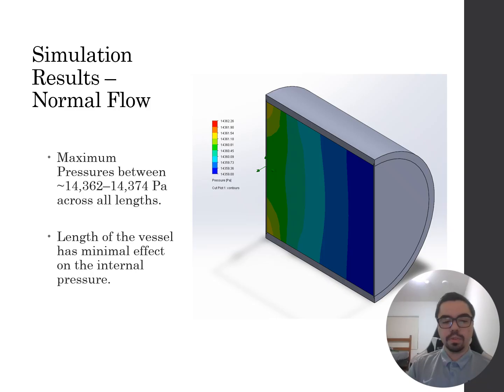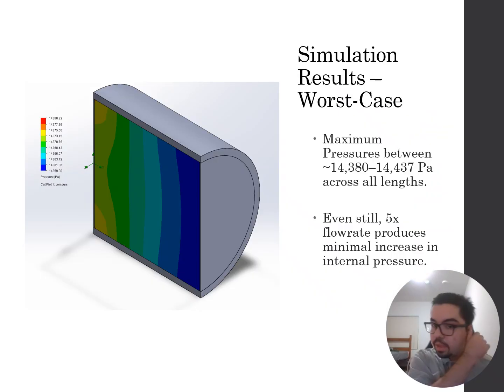And you can see the length of the vessel has very minimal effect on the internal pressure of the blood vessel. Similarly, for the worst case scenario, you can see about 14.38 kPa to about 14.4 kPa across all the lengths. So only a very slight increase from the normal flow. Even still, the 5 times flow rate from the worst case scenario produces a very minimal increase in internal pressure.